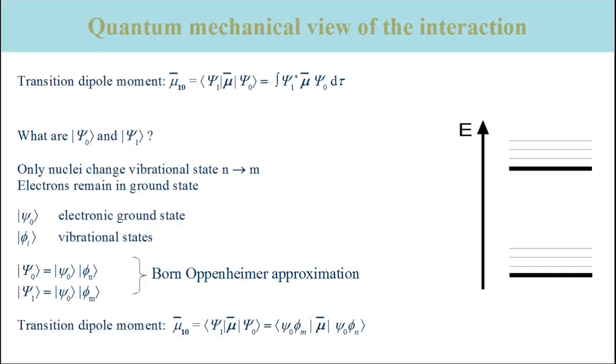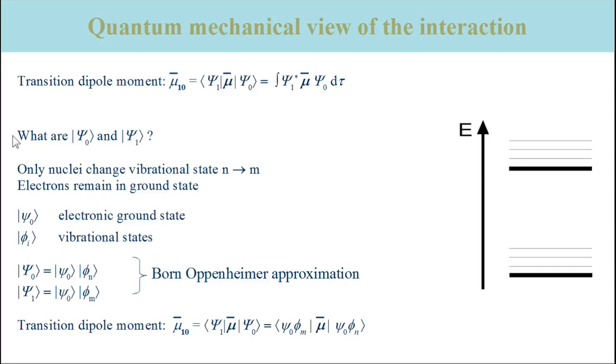We proceed with analyzing the transition dipole moment, and the next step is to think about the state vectors psi 0 and psi 1. When infrared light is absorbed, only the nuclei change their vibrational state from state n to state m. The electrons remain in their ground state.